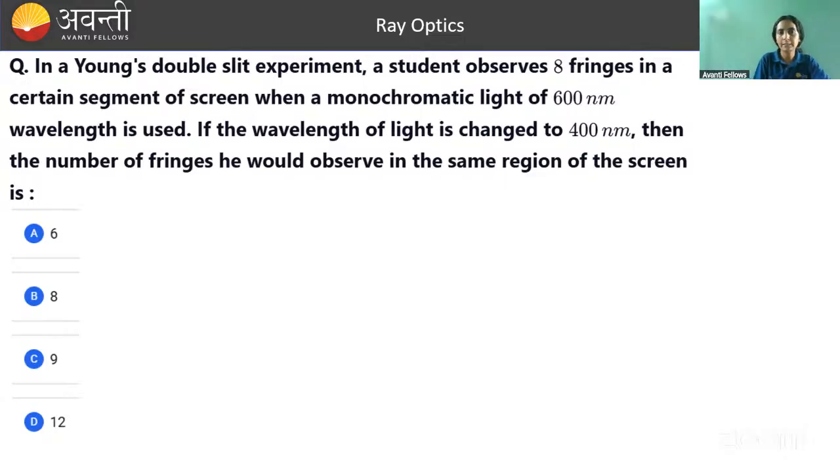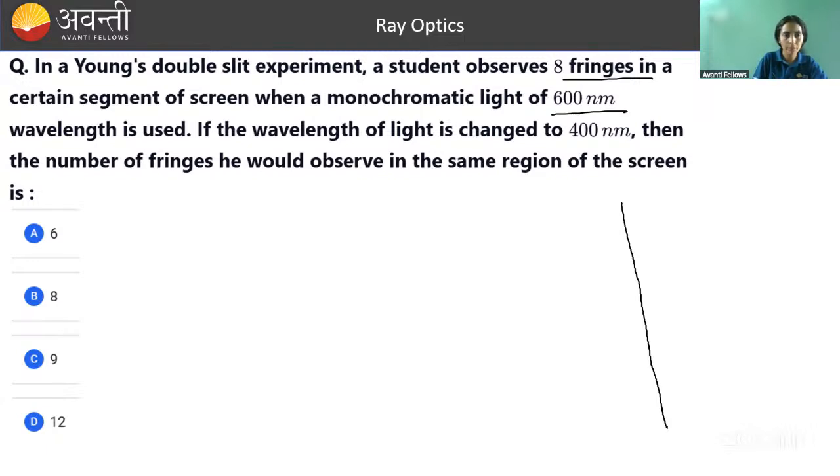In a Young's double slit experiment, a student observes 8 fringes in a certain segment of the screen. So there is a screen, and what is happening? We are getting 8 fringes for which wavelength? 600 nanometer.